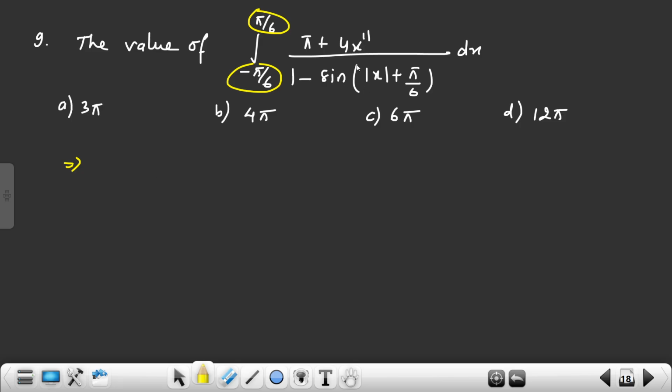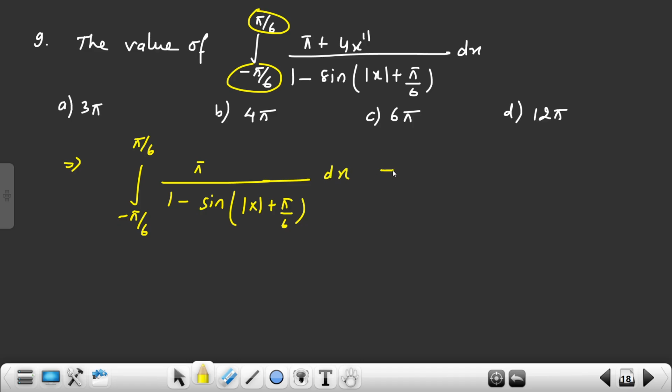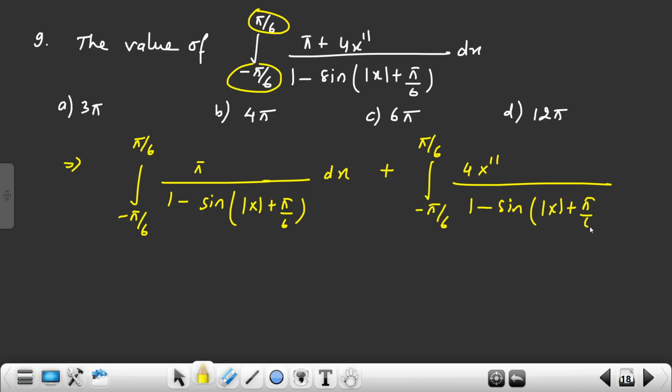Now if I separate this, so integral from minus pi by 6 to pi by 6 of pi upon (1 minus sine mod (x plus pi by 6)) plus integral from minus pi by 6 to pi by 6 of 4x power 11, odd power is there, be very cautious, upon mod (x plus pi by 6). So you know that this value is odd. If you replace, this is an odd function.